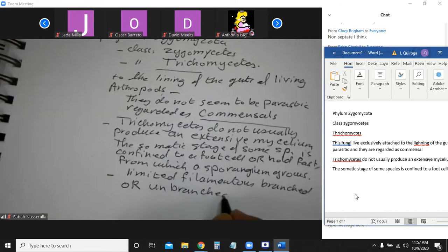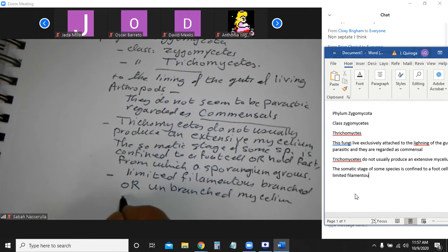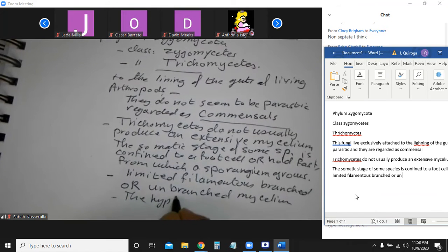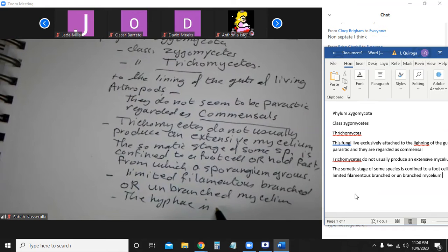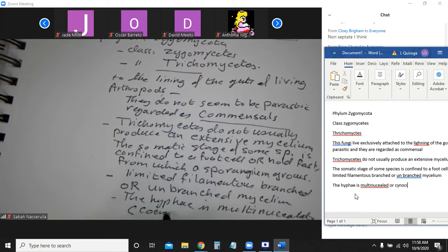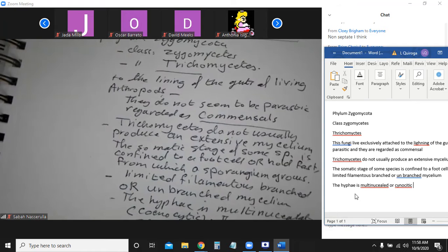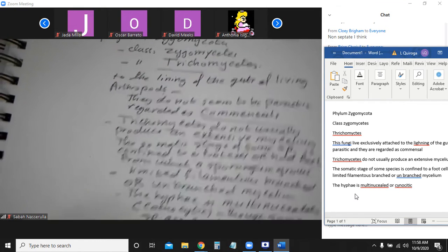And the hyphae or the cell is multinucleate, or we call it coenocytic, though some species are septate.